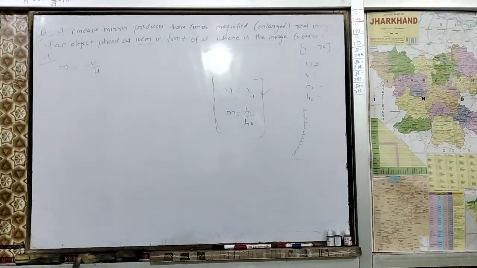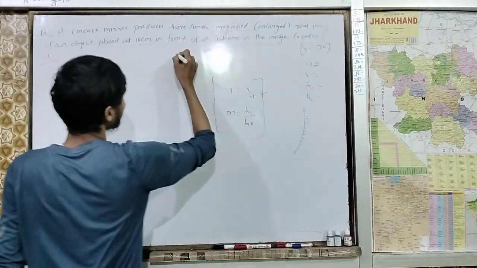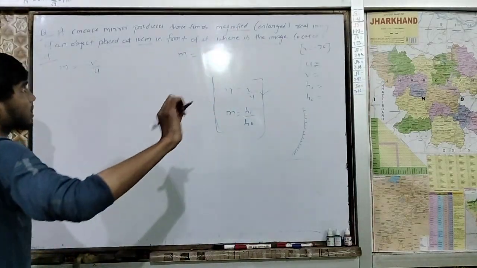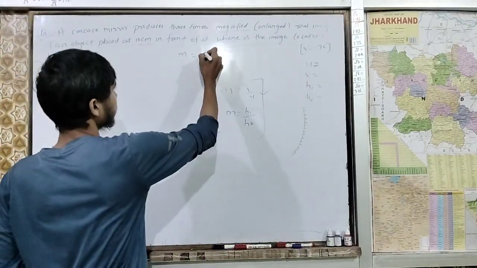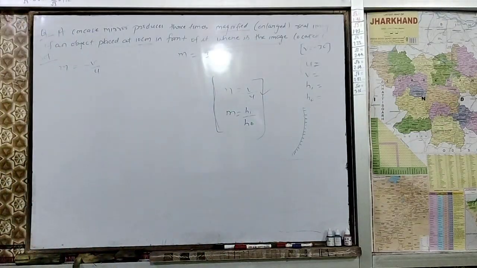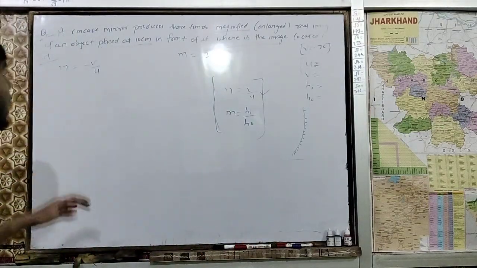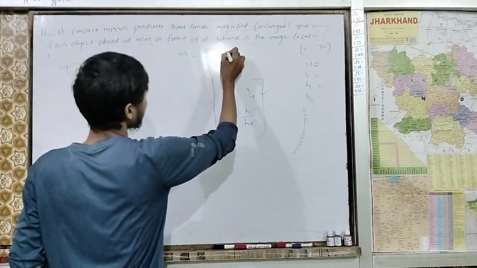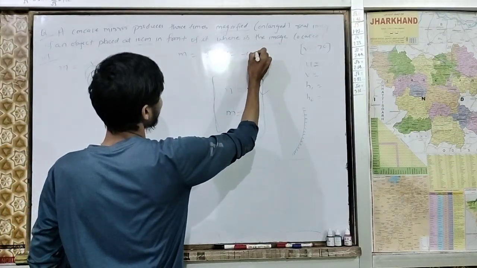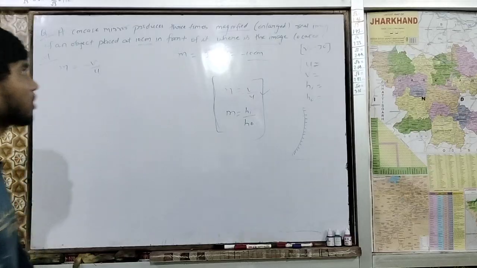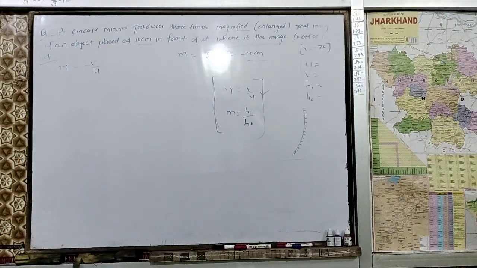Clear? Now look at our question. Magnified means magnification is given, which is 3 times. Clear? And u is also given, which is minus 10 centimeter. u is how much? Minus 10 centimeter.